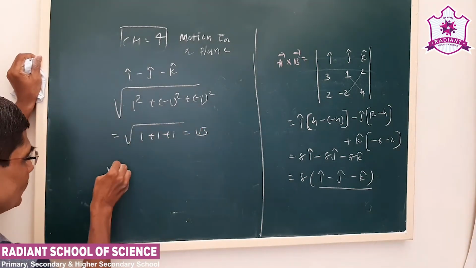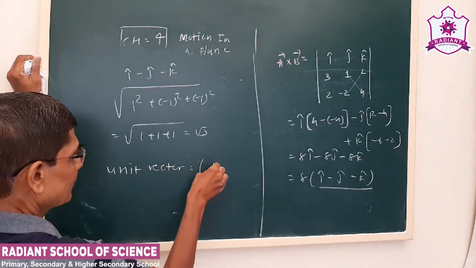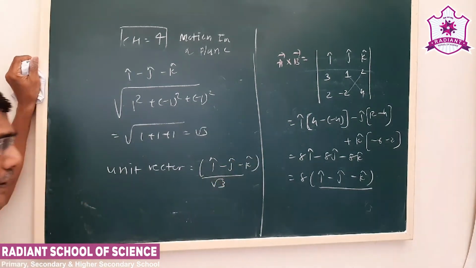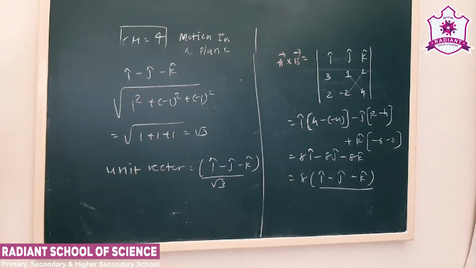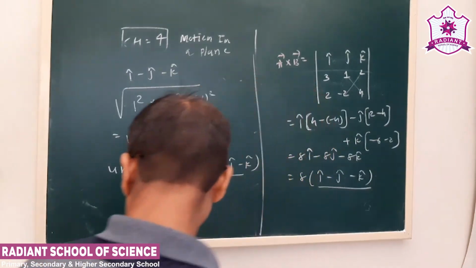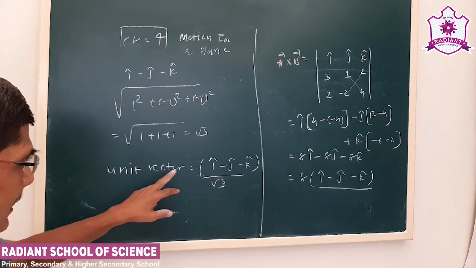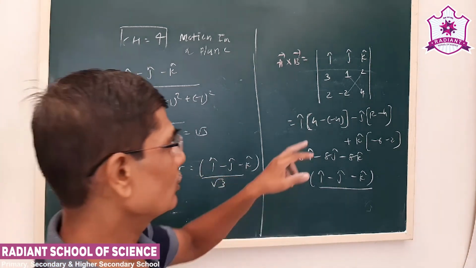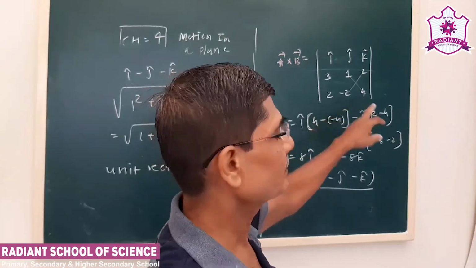So if I take 8 out, the final answer is going to remain the same. Why? It will be cancelled because it is a coefficient of every term. So this is how we can solve. See, this i minus j minus k upon root 3 will be a vector perpendicular to both 3i plus j plus 2k and 2i minus 2j plus 4k.